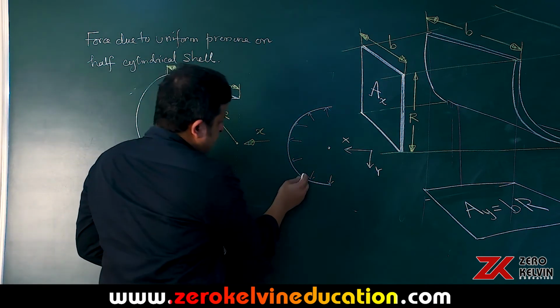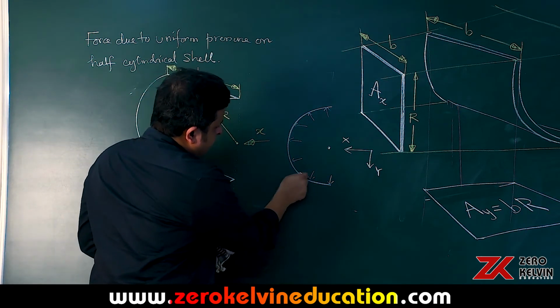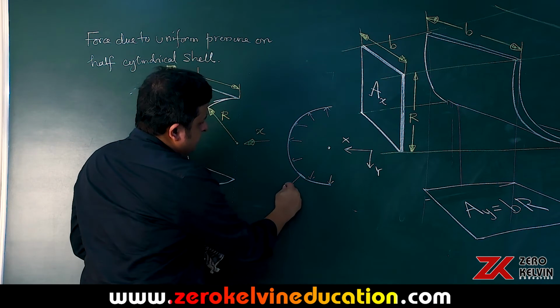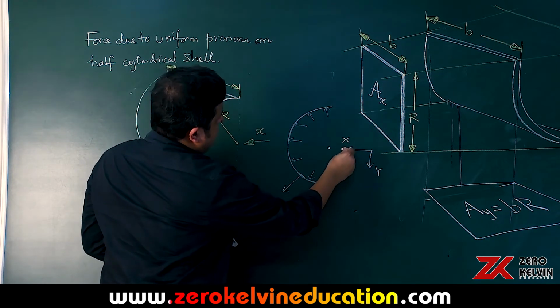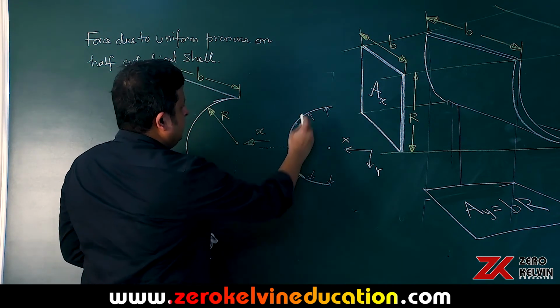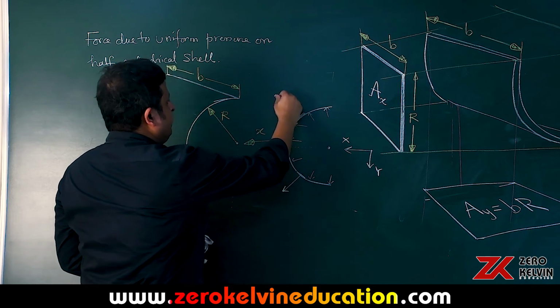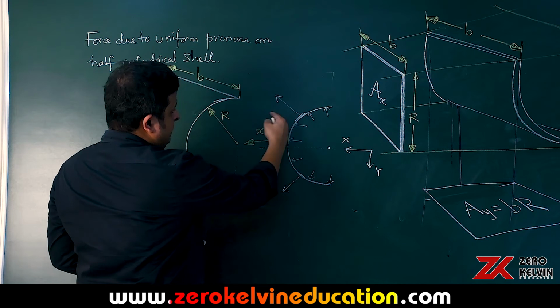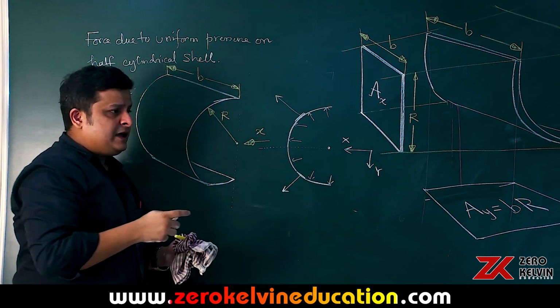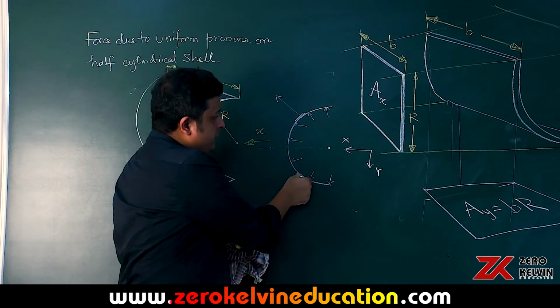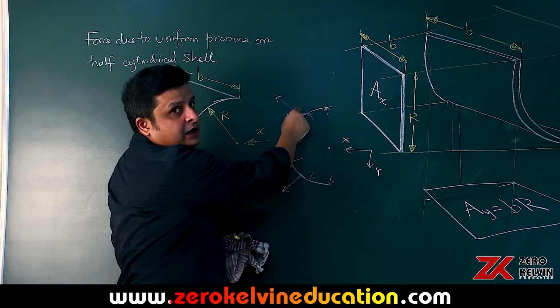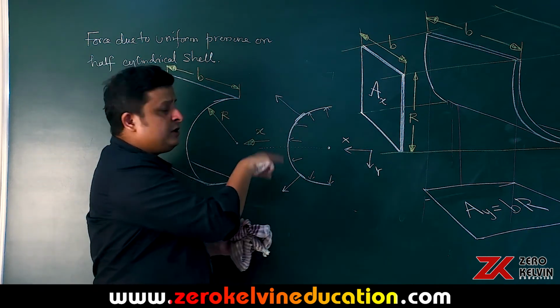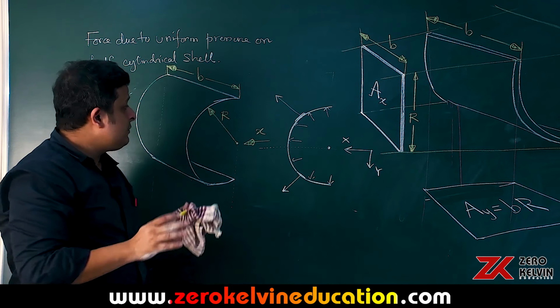Let us choose one element here, the force is applied this way, and the other element symmetrically here, this is the force. So the vector sum of these two forces will be towards the x axis. Every element you choose downwards will have a pair upward. So the y components of the force will cancel, and hence the y force is 0.